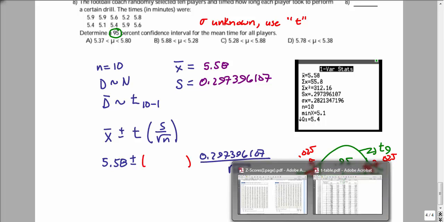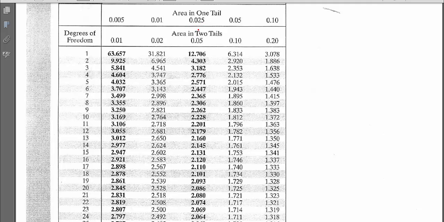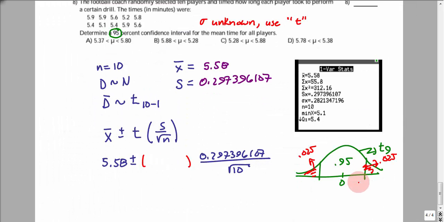We can use our t-tables. So we'd look under 9 degrees of freedom. Area in two tails is 0.05. Area in one tail is 0.025, so that's the column. 9 degrees of freedom would be 2.262. That's what we want to use for our T value.